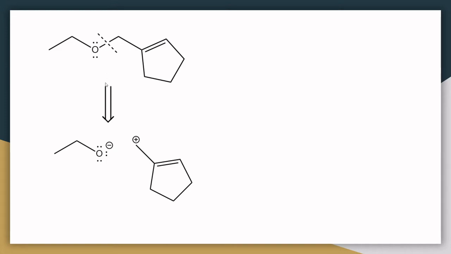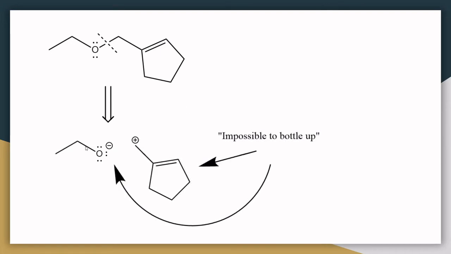Now, it's important to understand that synthons are not the quote-unquote real molecules that are used for synthesis. Synthons are just a way for us to imagine simpler molecules that make up the product. Another way of saying this is that you can't bottle up these two molecules in order to synthesize this product.